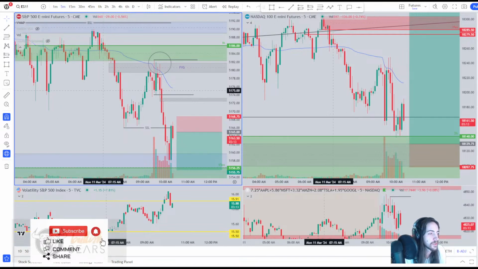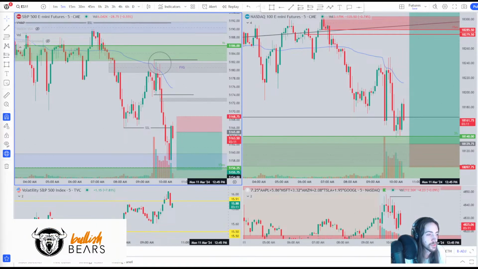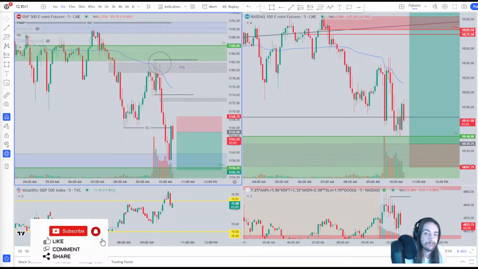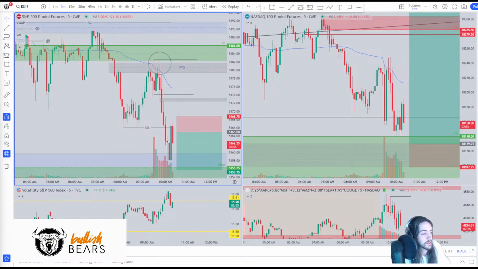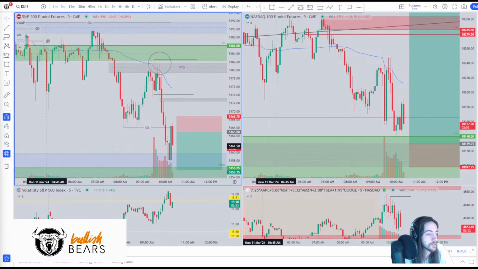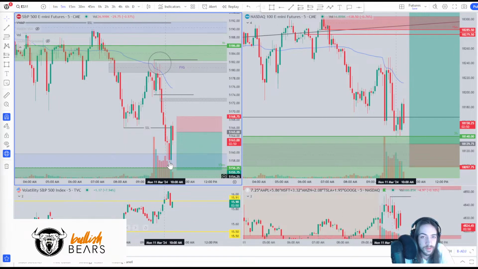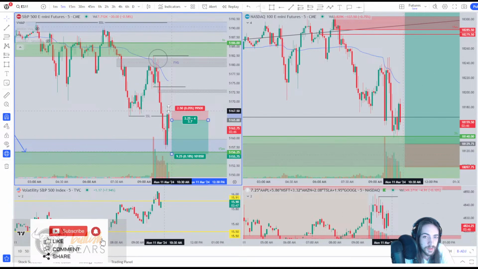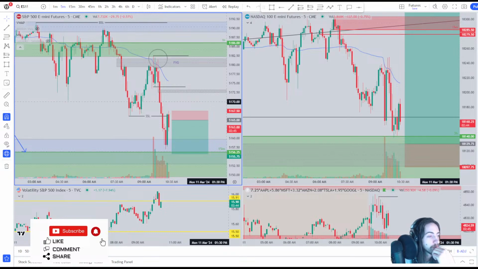How's the 15 looking on that? ES looks like it does want to continue. So I am going to add to this trade in just a moment. Now we're gonna add to this ES trade, this short trade. Targeting demand. Stop is right up here.